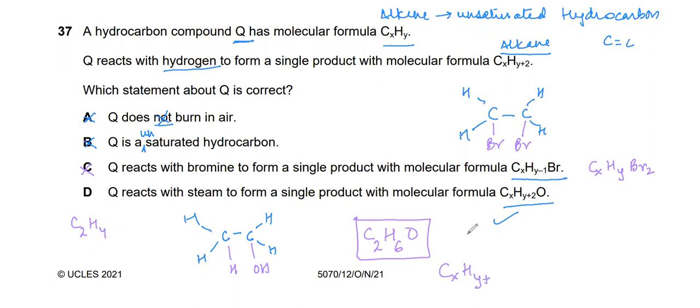Whatever Y was, we had C2H4, so Y became plus 2, that is 6, and this is O. So this is the general formula generated from this, right? So the right option for question number 37 is going to be D. This is the correct answer.